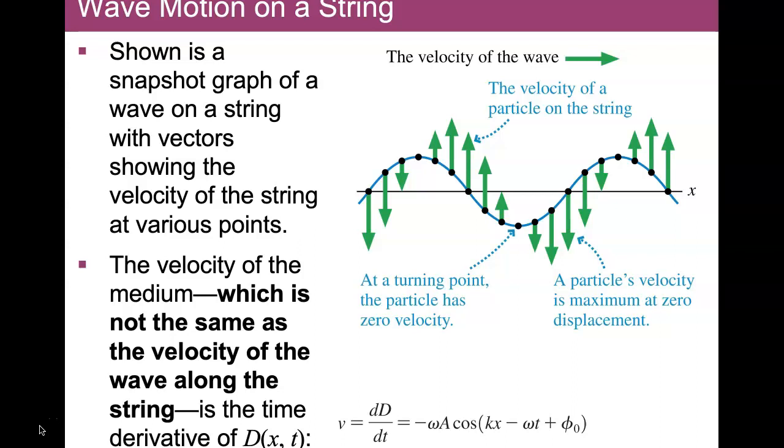So the question is how they move, right? What's the direction of motion, and also the magnitude of the velocity for different particles on this rope. So imagine again, this is a snapshot graph, right? This is a function of position, and this whole thing is moving to the right.